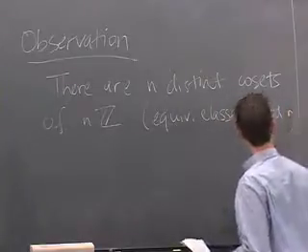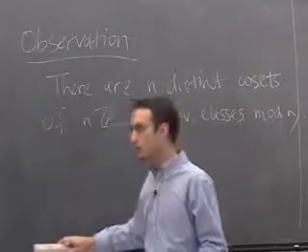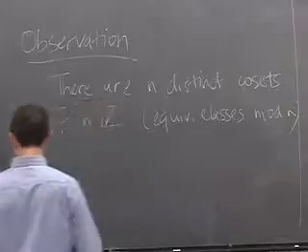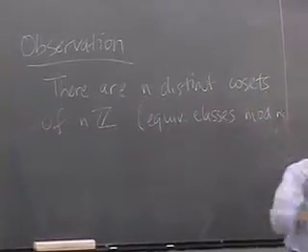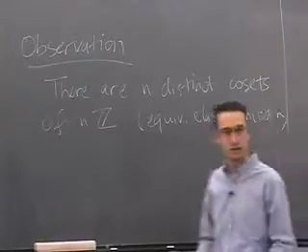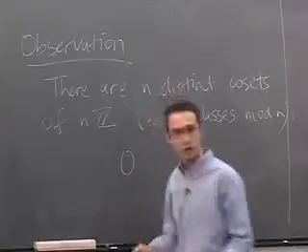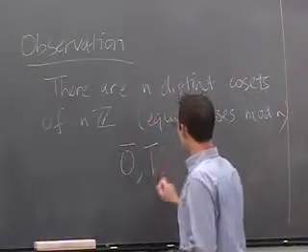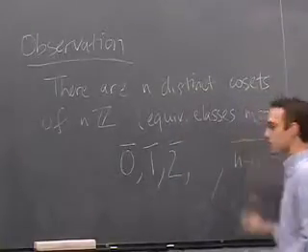These are all redundant ways of saying the same thing, but you'll hear them all, so it's good to practice hearing each. So what are they? Can somebody list them? Go ahead. nZ, mod 1, that's nZ. Right. Or in a shorter notation, 0, 1, 2, up to n minus 1.